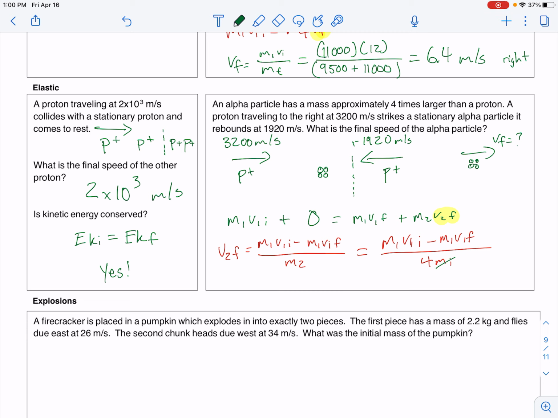This allows me to cancel out these masses, which leaves me with what I have left over. So the final velocity of my alpha particle is 1,280 meters per second.